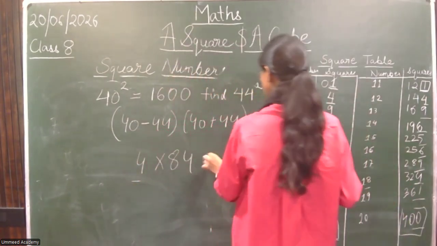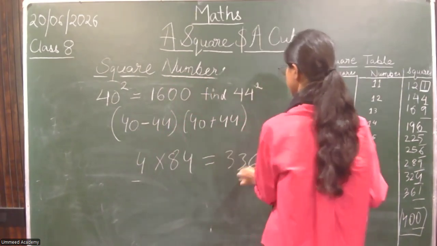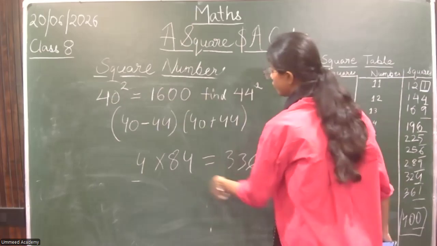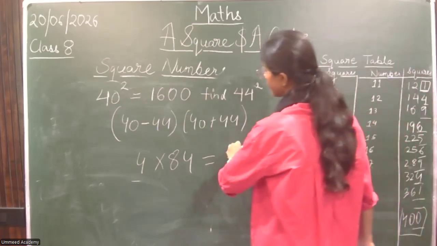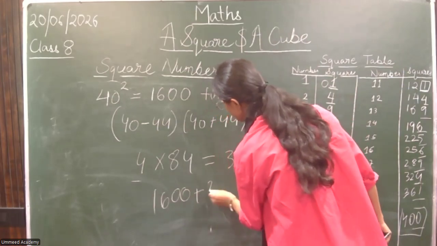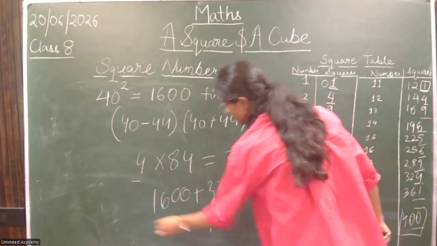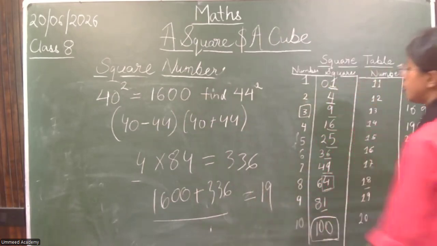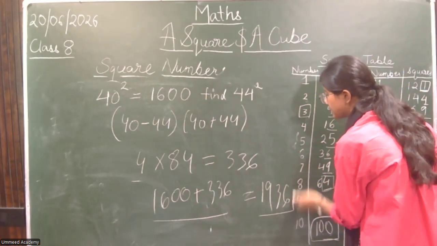Yes. And 336, right? Yes, ma'am. You did it, right? And then you add 1600 and 336. We add this, and then we get 1936 as the answer.